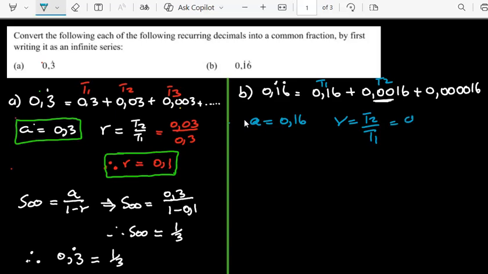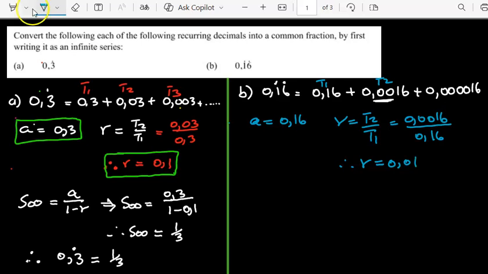So this will be equal to 0.0016, and we're going to divide this by 0.16. You need to divide it and tell me what you get. When you divide this, your r is equal to 0.01.